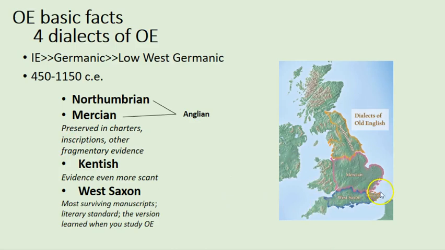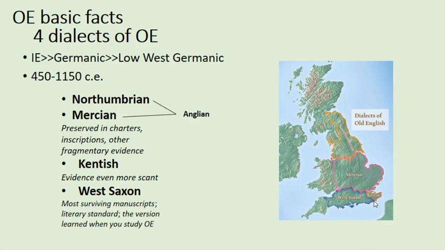Kentish was one of the more highly populated areas, especially in the early Old English period. It was one of the oldest parts that was settled by Angles and Saxons, and it's just this corner here. What is today the area of England known as Kent, and it's where Canterbury is.